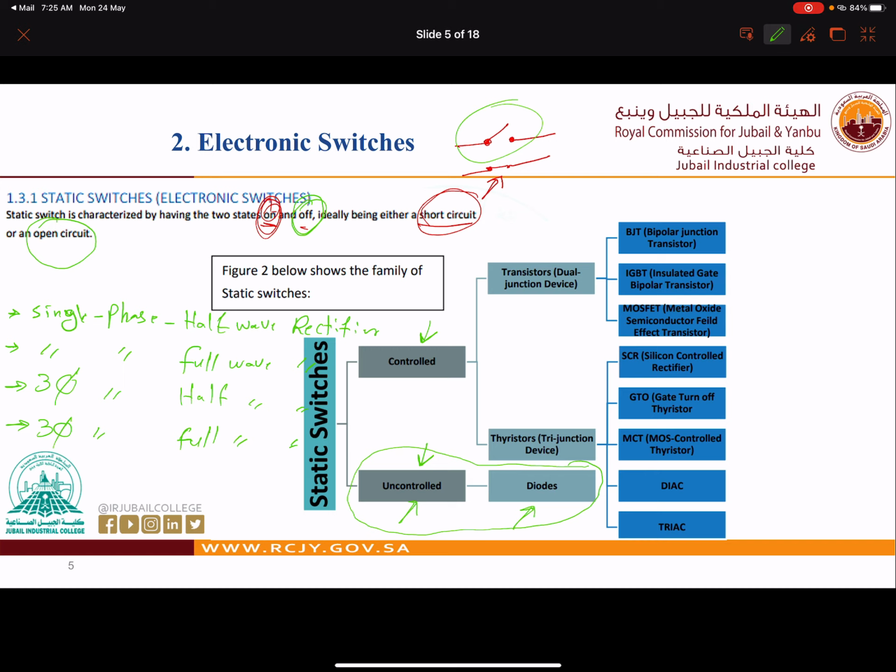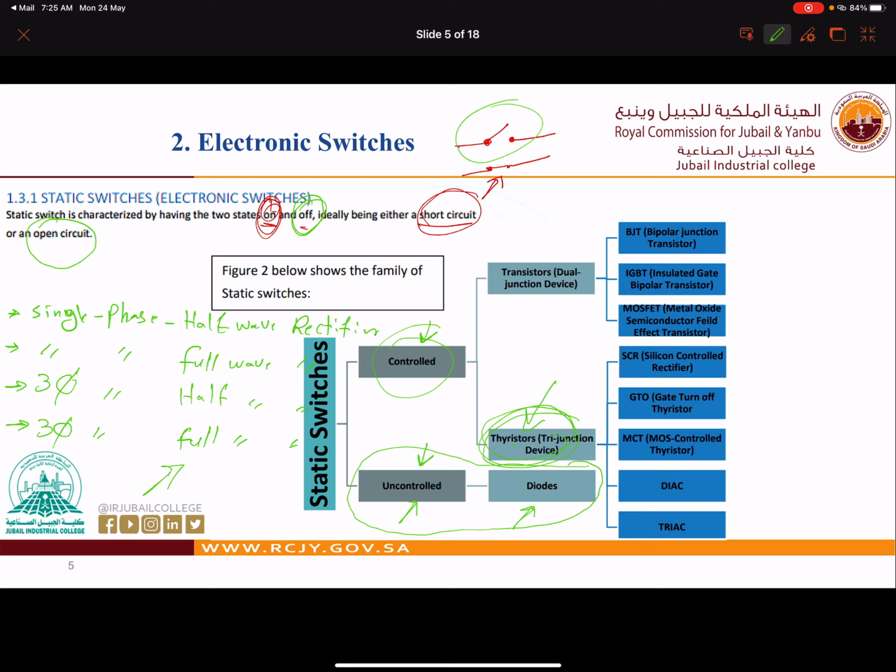Then inshallah, after we finish the diode, and the diode you have already taken in electronics, as I said, inshallah we are going to do the same concept for those topics. We will do the same for the controlled in the thyristor, inshallah. So this thyristor, basically it is the same as the diode, except the thyristor is controlled.